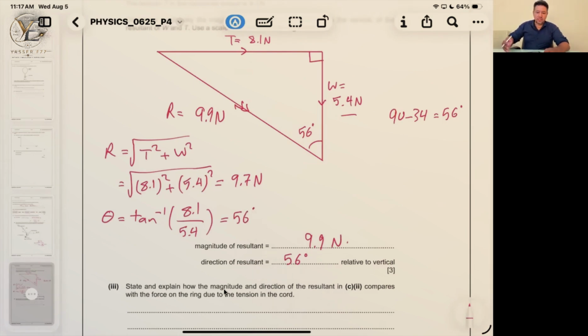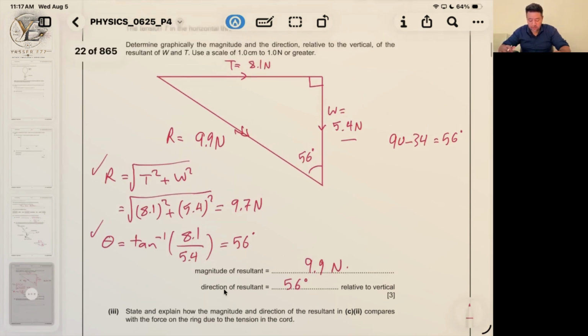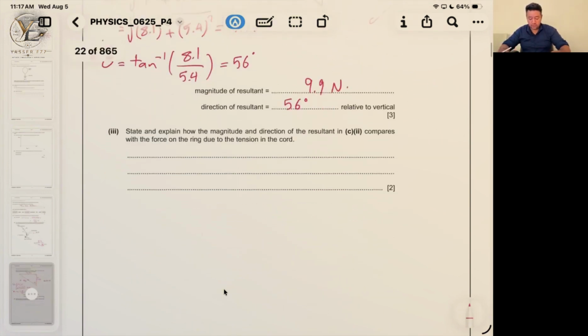Of course, I'm using digital tools, and the ruler is not that accurate, but while you are using your blank sheet of paper, everything will be fine. So here is the mathematical method for calculating the resultant force and the angle it makes with the vertical. And here are the graphical calculations for finding the resultant force.